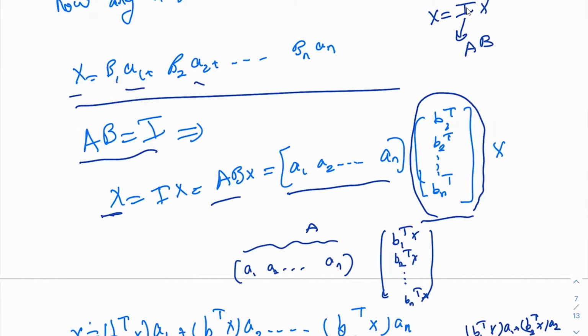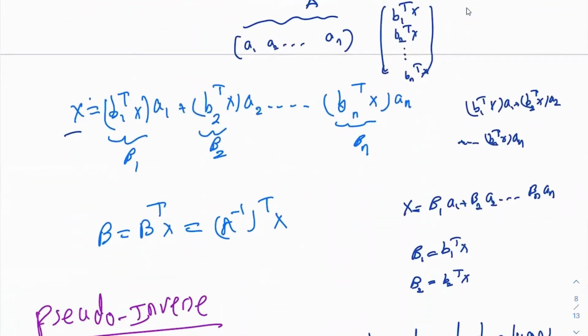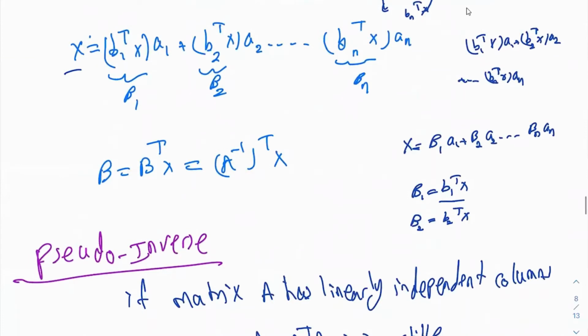When I have the matrix B readily available, based on this. Okay. Now, if you look at this equation, these betas, let me just write a little bit more. This beta n is equal to Bn transpose X. Remember what I said?